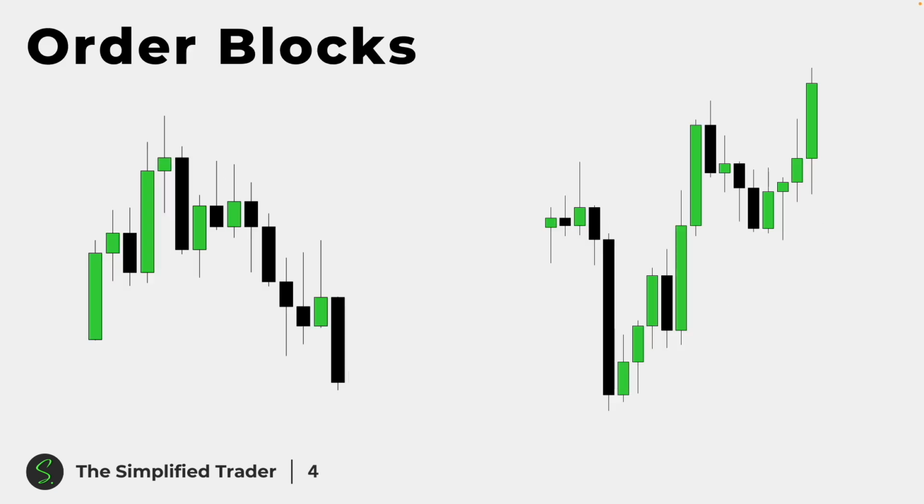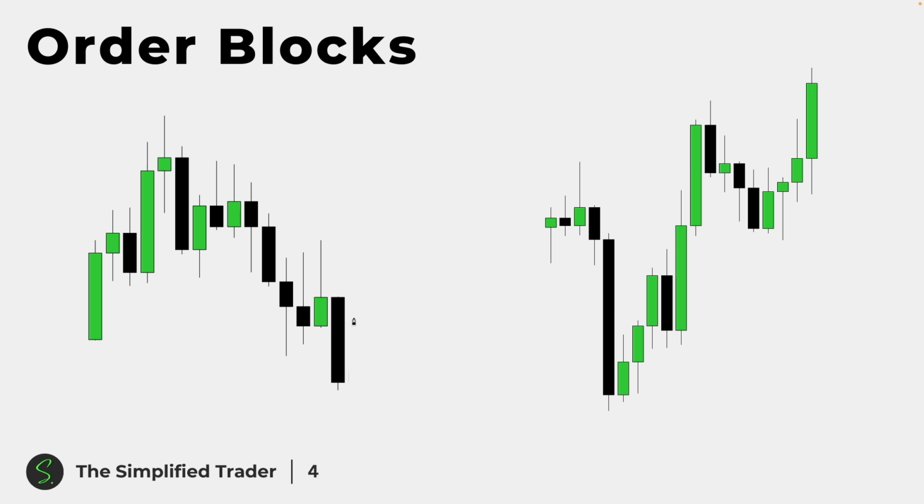The final thing I want to talk about before we go into chart examples and show you how all of these elements fit together to form the strategy is order blocks. What is an order block? An order block is consecutive candles that takes out liquidity that gets closed above.